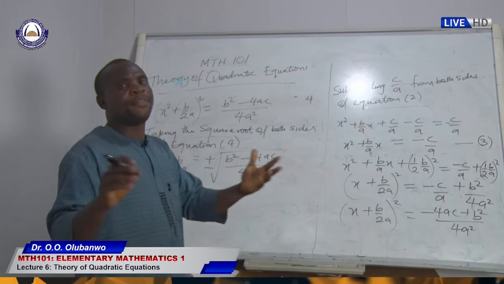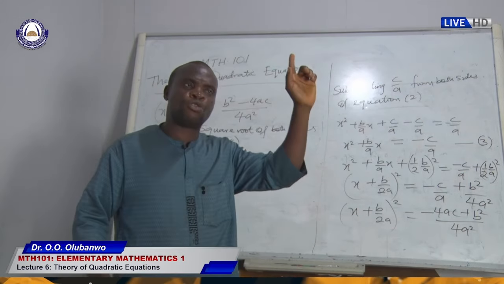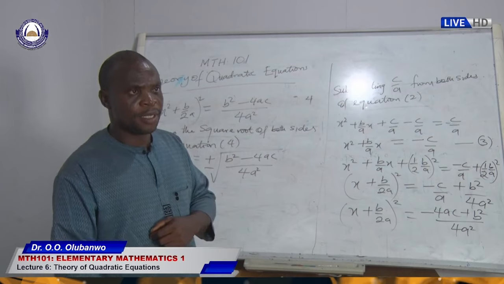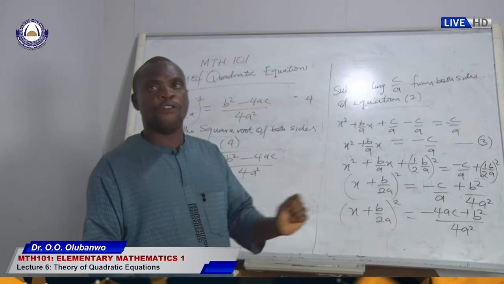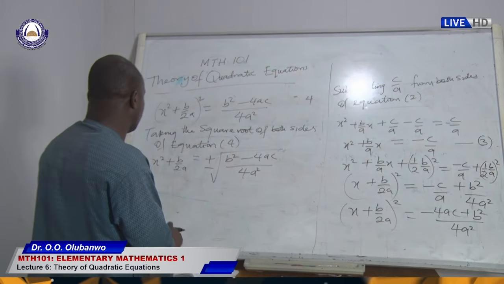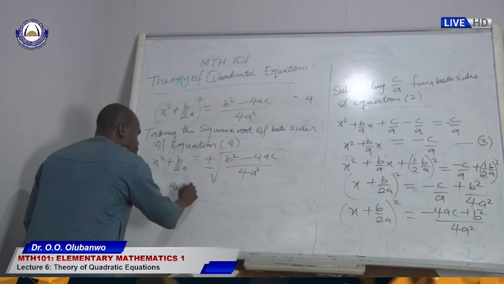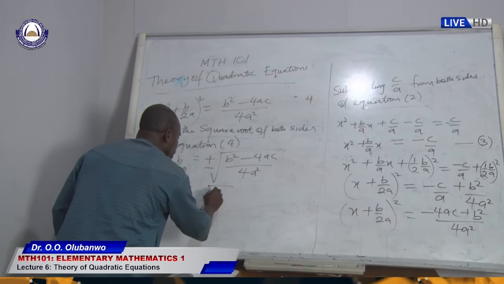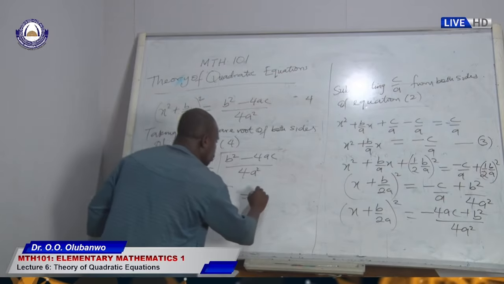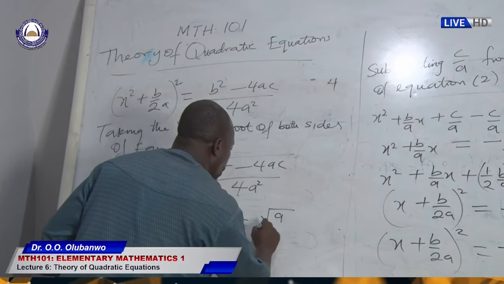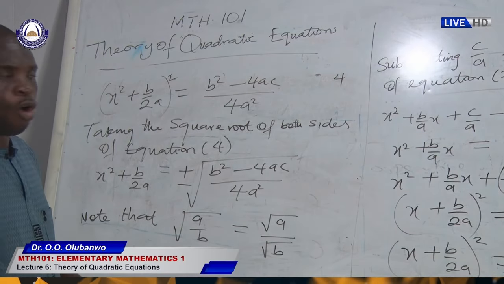From the theory of surds, we all know that if I have the square root of a over b, it simply means I can write it as root a over root b. Note that the square root of a over b can be written as root a over root b according to the principle of surds.